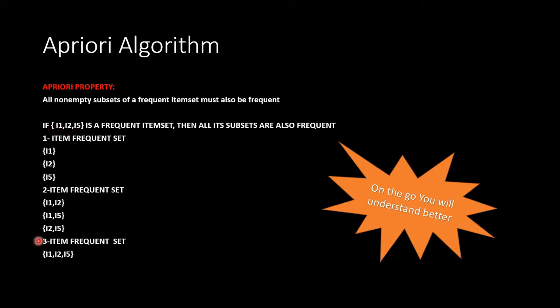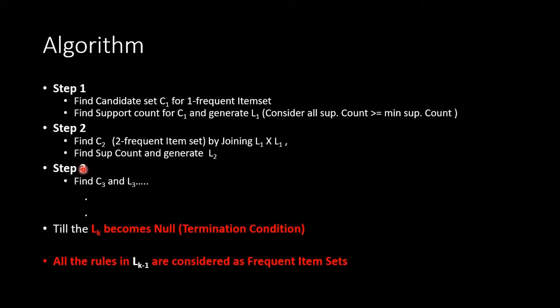Now, if I1, I2, I5 is a frequent item set, then all its subsets are also frequent. This is a one item subset, this is a two item subset, and this is given in the question. So, we understand the point that if the given set is a frequent item set, then all its subsets are also frequent. Remember, this is called the a priori property, which is very, very important.